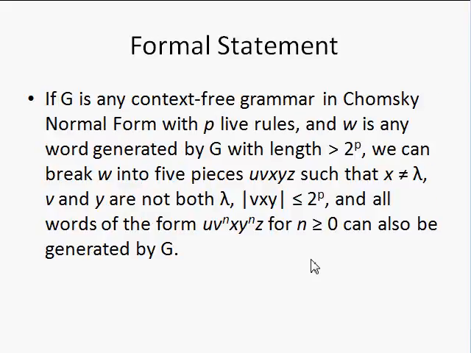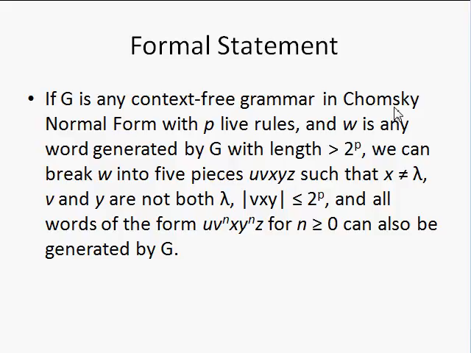Here's the formal statement. If you have a context-free grammar that's in Chomsky normal form, remember what Chomsky normal form is: you've got non-terminals getting replaced by two non-terminals, or non-terminals getting replaced by terminals.